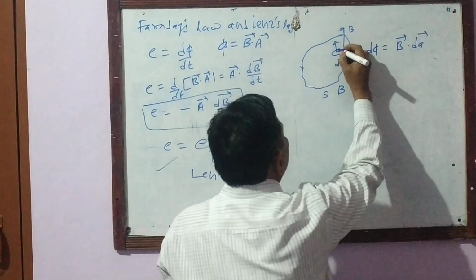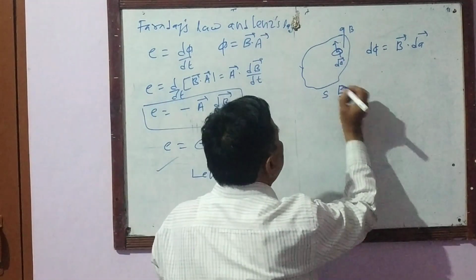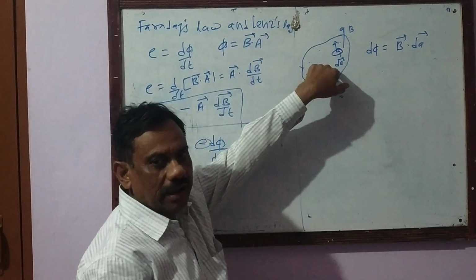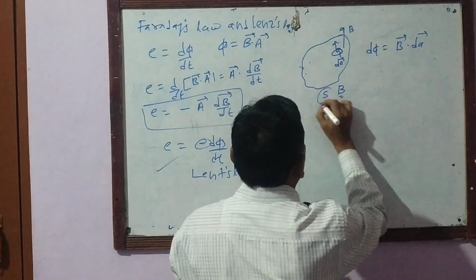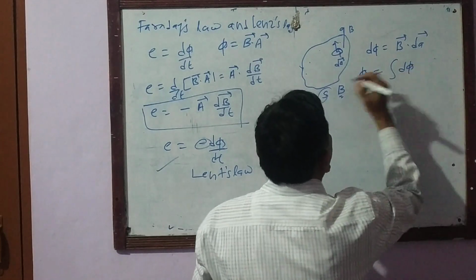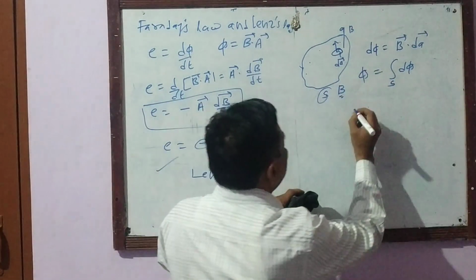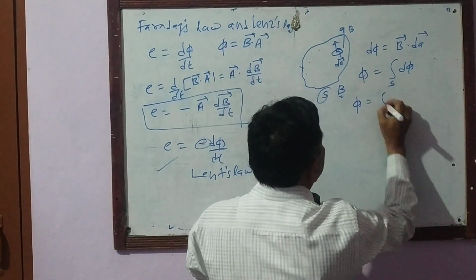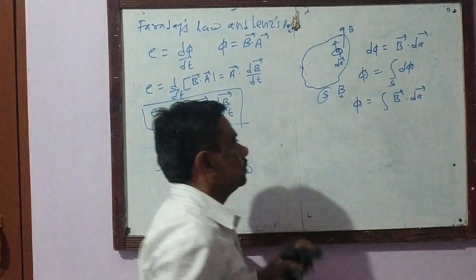Now let us consider a small element having area dA, since the magnetic field B is not the same everywhere. The total magnetic flux for a finite surface is given by phi is equal to the integration of d phi over the closed surface S. Putting this value here, the magnetic flux linked with this closed surface is the integration of B vector dot dA vector.